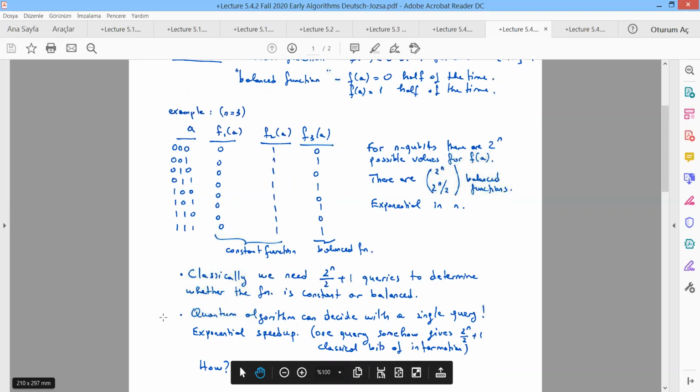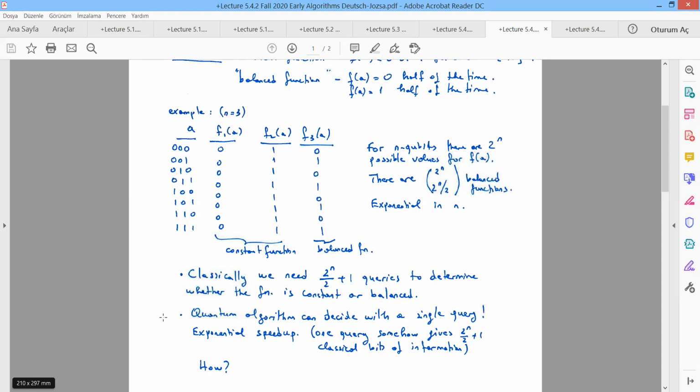But as we'll see, surprisingly, there is a quantum algorithm that can decide whether the function is a constant function or a balanced function with a single query. That means there's an exponential speed up, because classically, you need 2 to the n over 2 plus 1 queries that scales exponentially with n.